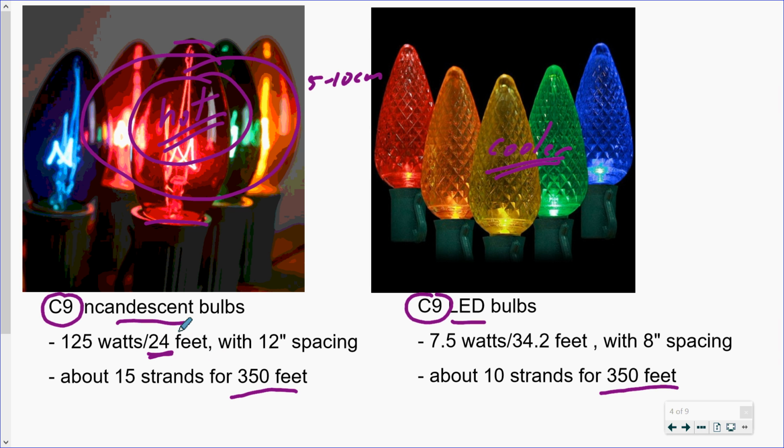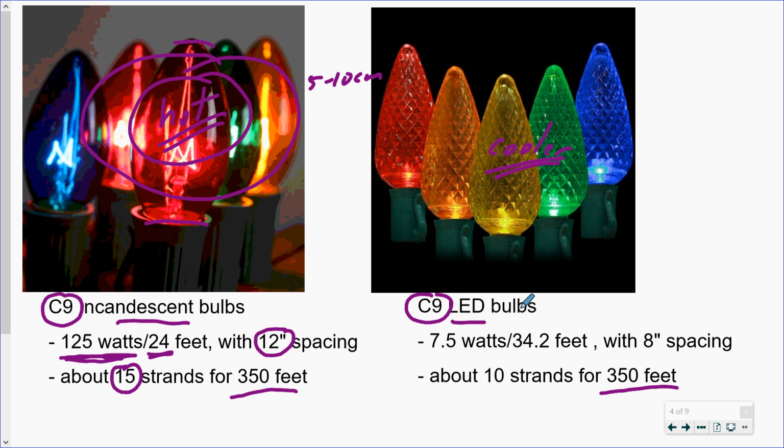There's a 12-inch spacing, so we get about 24 lights along the length of these 24 feet, and each strand requires 125 watts of power to operate. To get 350 feet, we need 15 strands.